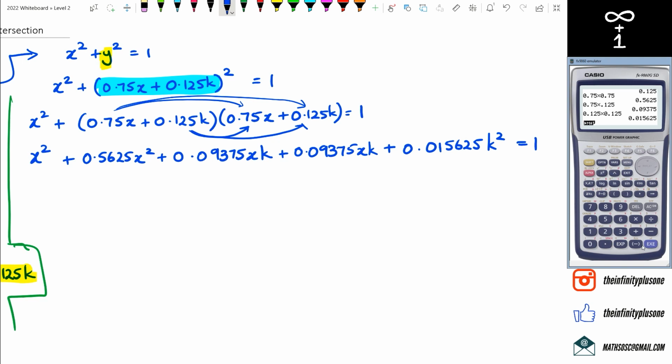What's our next thing that we can do? We can actually combine these two terms together. So when we do that, we're going to get x squared plus 0.5625 x squared.